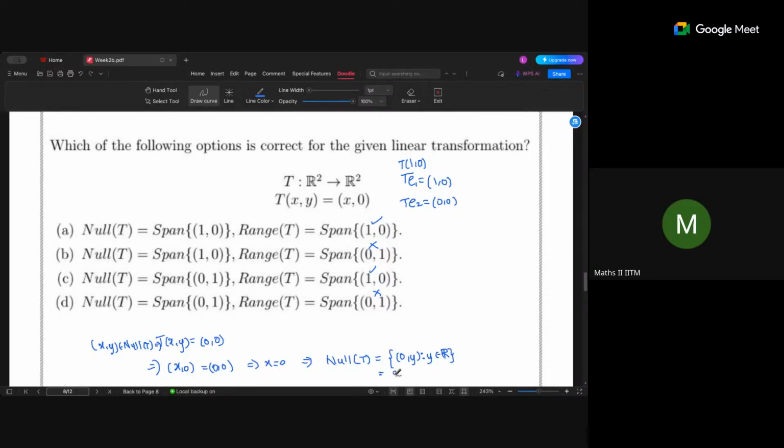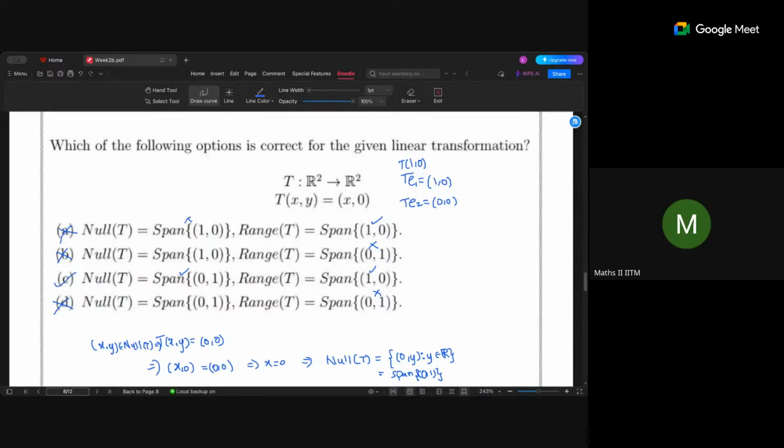And this is the span of (0, 1), right? So you see that this is correct, and this one we have already rejected because it's incorrect, and this is also incorrect. So this is the correct option.